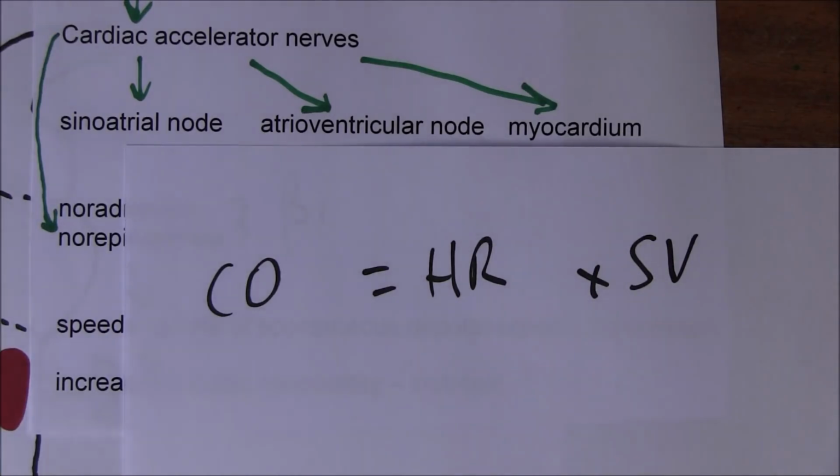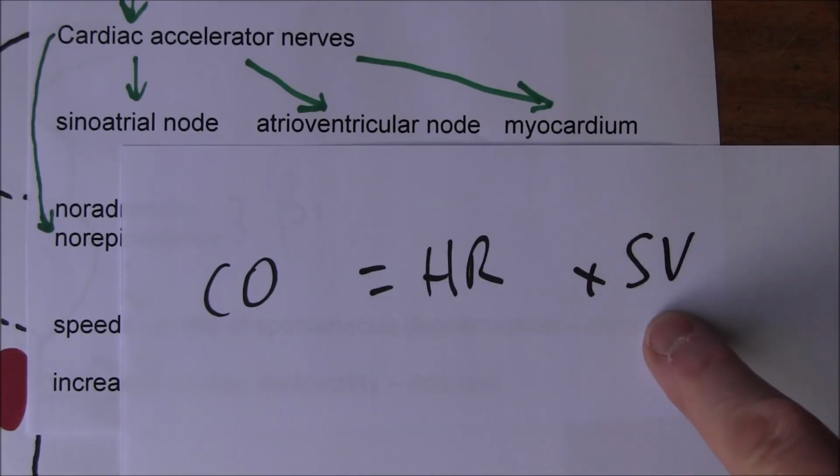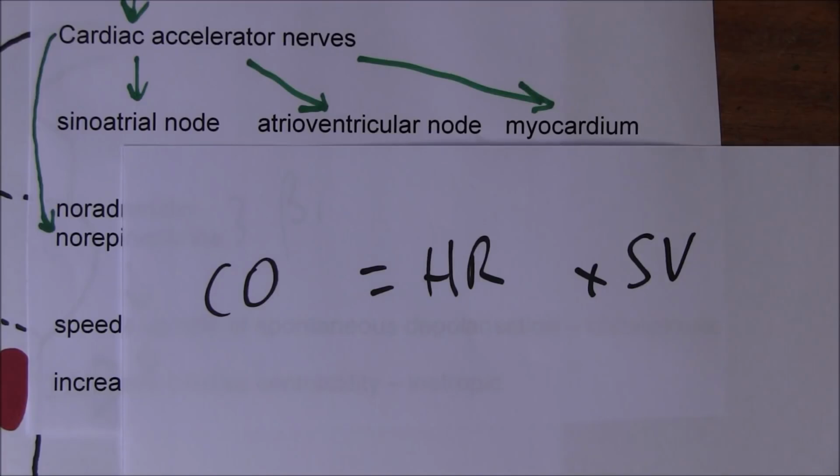This is why when you see toddlers getting out of the car, they'll run off to the playground or run off into the woods, and mum and dad will walk behind them. But very often after a few minutes they're tired out and dad has to carry them back. That's because they don't have this reserve that dad has. They don't have this increased inotropic ability to increase cardiac output by increasing the stroke volume.